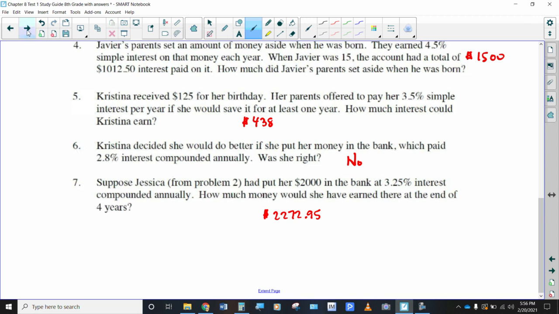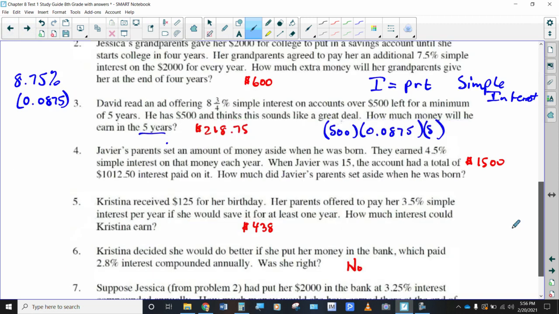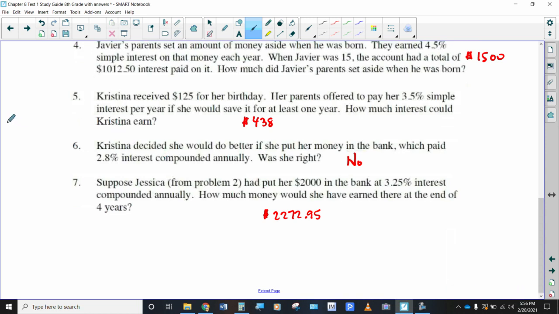We'll do 6 and 7, and then 8, 9, and 10 are on the back side. So the formula for compound interest: A, that's the new amount, is going to be our principal times 1 plus the interest rate in decimal form raised to the power of the number of times it's being compounded.